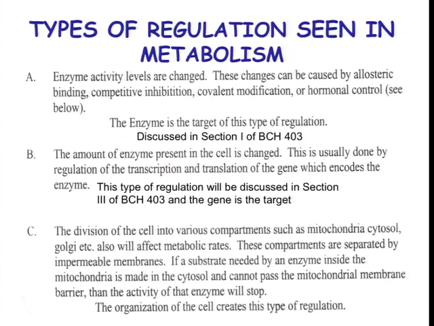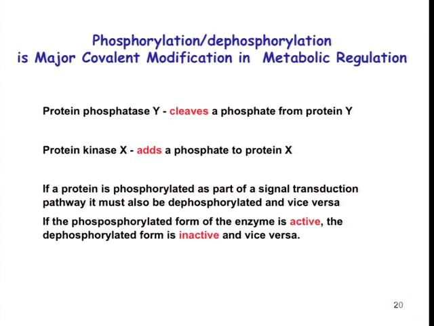So if you have your cell full of something, and it's in a certain compartment, in the mitochondria, and you need it in the cytoplasm, you might as well not have it. So this compartmentalization is extremely important, and we'll be talking about that. Compartmentalization is a type of regulation.